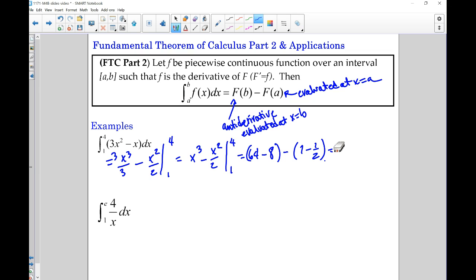Okay, 64 minus 8 is 56, and then it'd be 56 minus 1/2, or 55.5. And that is the proper mathematical form for this.